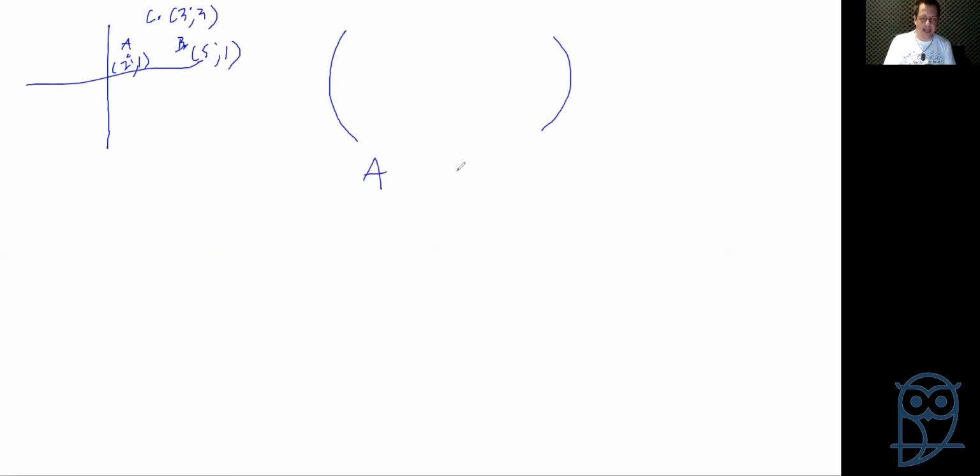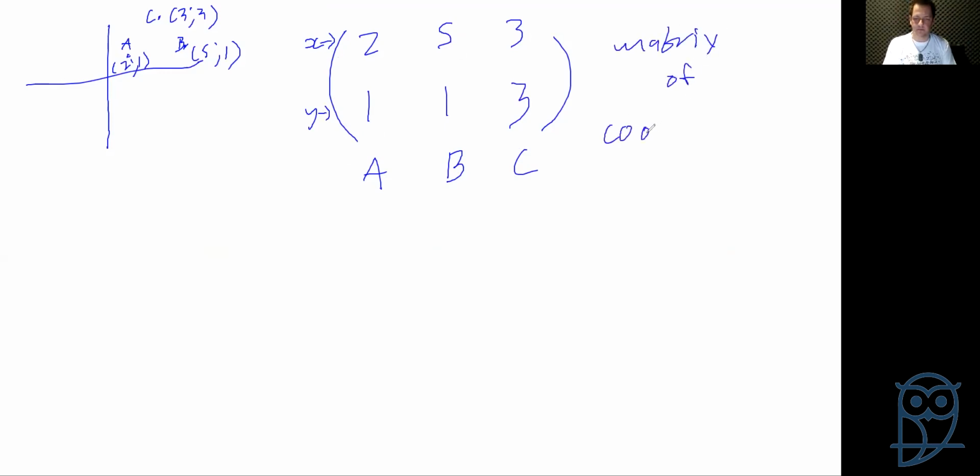So I'm going to put them as A, then B, then C. So A is 2, 1, because remember, you always put your x here and your y here. Then B is going to be 5, 1, and my C is going to be 3, 3. So this is my matrix of coordinates. This matrix I need to multiply by my transformation matrix.